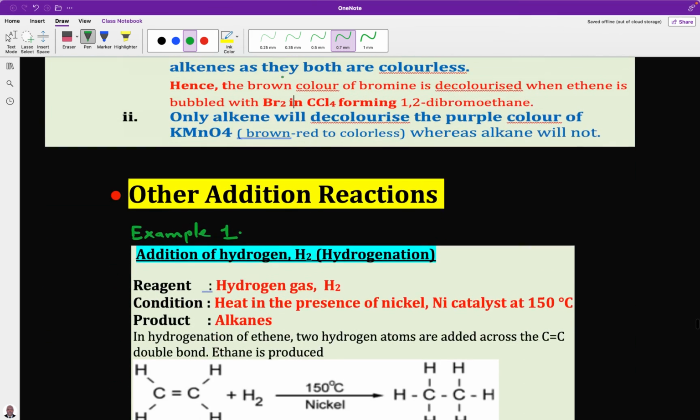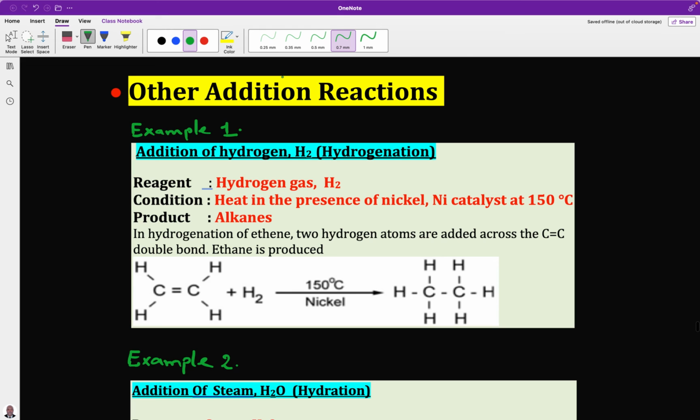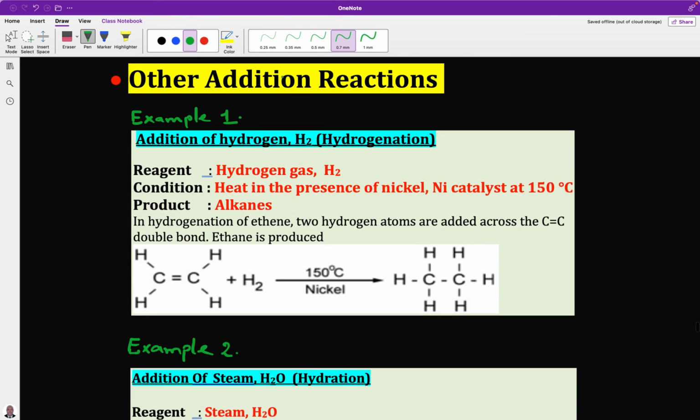Again, there are other addition reactions of alkenes. Another example of the addition reaction of alkenes is addition of hydrogen, hydrogenation. We have hydrogen as the reagent. The condition is we will have to heat in the presence of nickel catalyst at 150 degrees Celsius. And the product that is formed there is what?